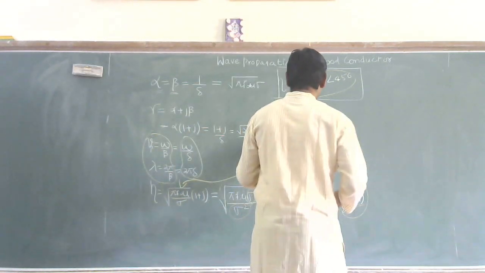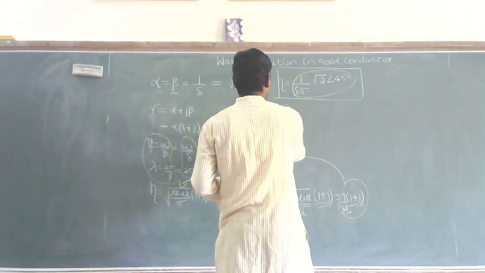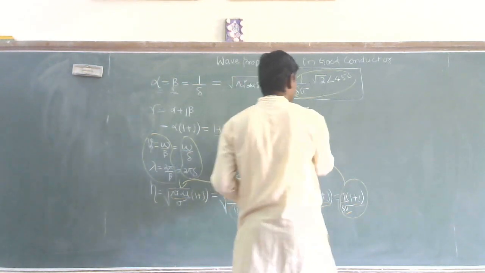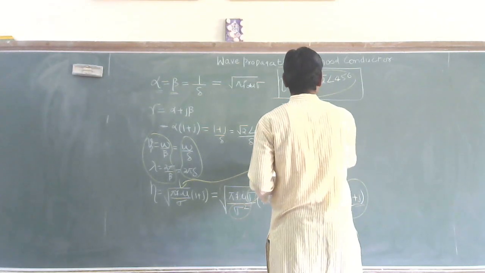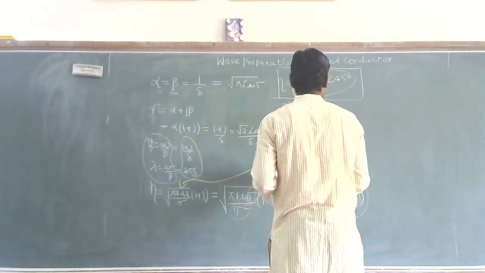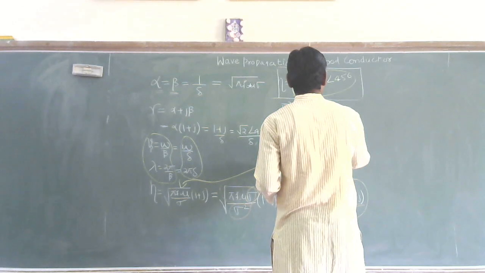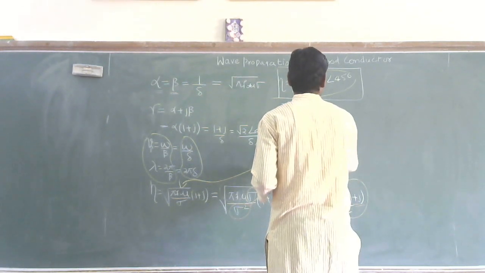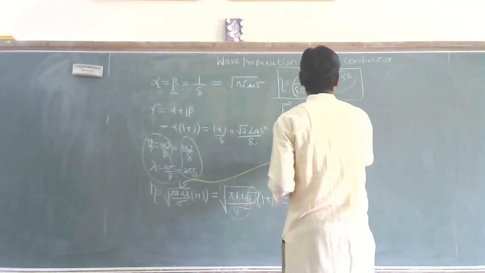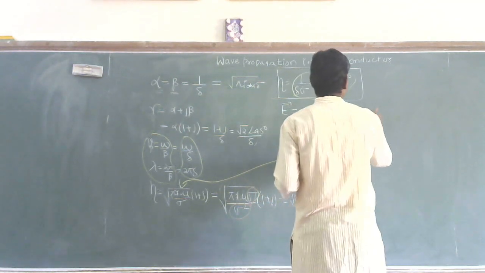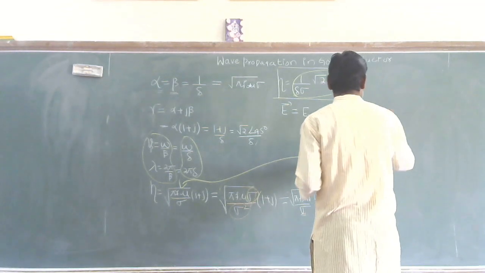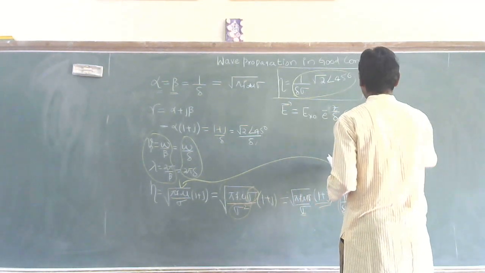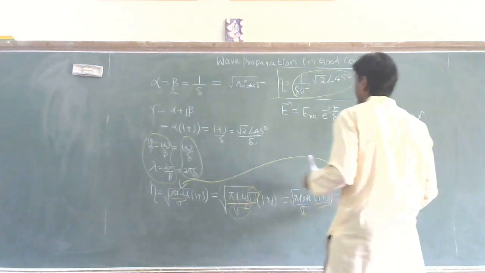Next, with this I can also write my expression for an electric field in terms of the skin depth, which is given by Ex naught e to the power minus alpha z, and alpha is 1 by delta. Then cos of omega t minus beta z, but beta is 1 by delta, along x hat.